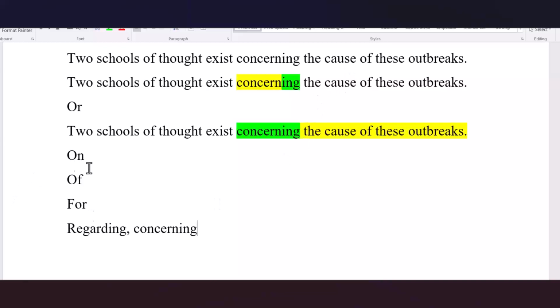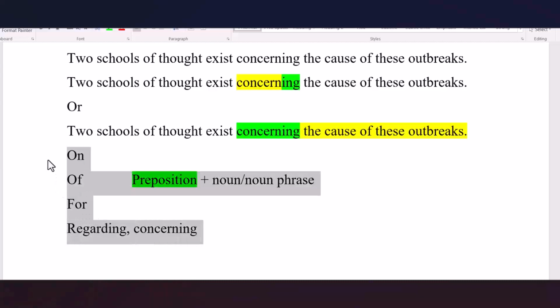So on, of, for, about, all are prepositions, and let me write this here. Preposition, and after prepositions we have nouns or noun phrases. Preposition plus noun or noun phrase. Okay.